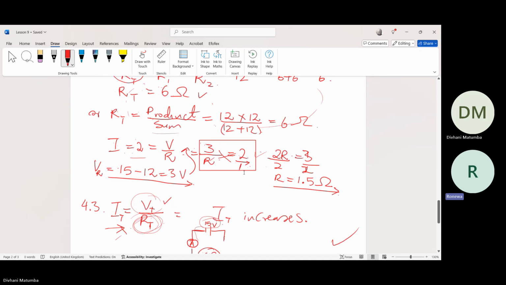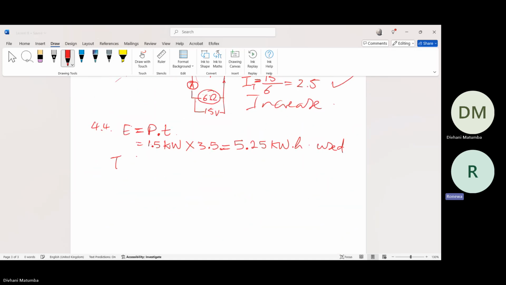So would we say 5.25, which is the energy, multiplied by 1.15, the cost per unit? That's going to give us 6.04 rand. Yes, I agree with you. That's about it.